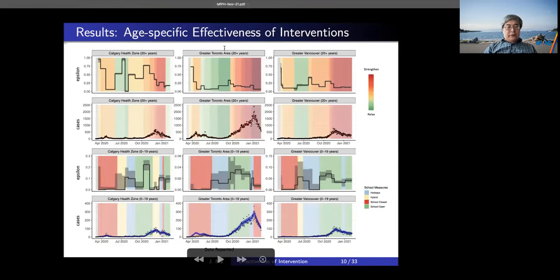So here is our fitting result. As you can see, it roughly matches the behavior of the strength of the control measures. As control measures get strengthened, epsilon A, for example, gets smaller and smaller. We can also see the effect of holiday seasons, like here is Labor Day, and here is Christmas.